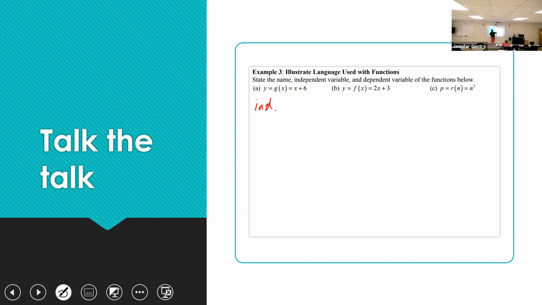It was x. Now, I plug x in and I get what? If I pick any x, what am I getting out of it when I put it in there? You said it before. G of x. Or the y.